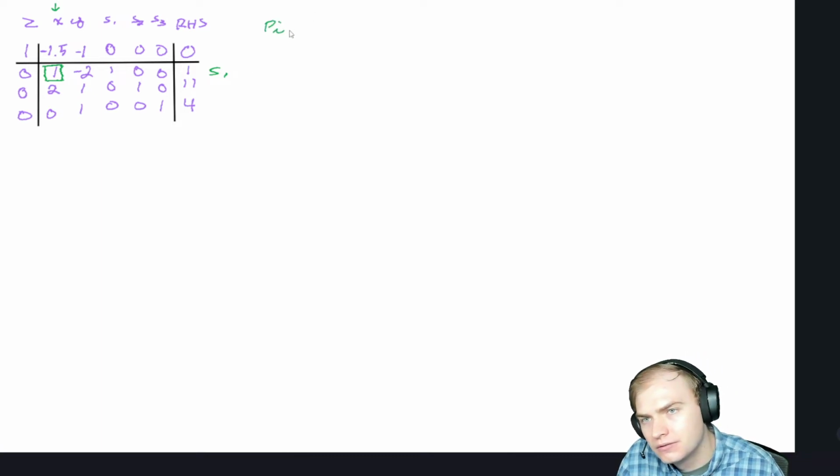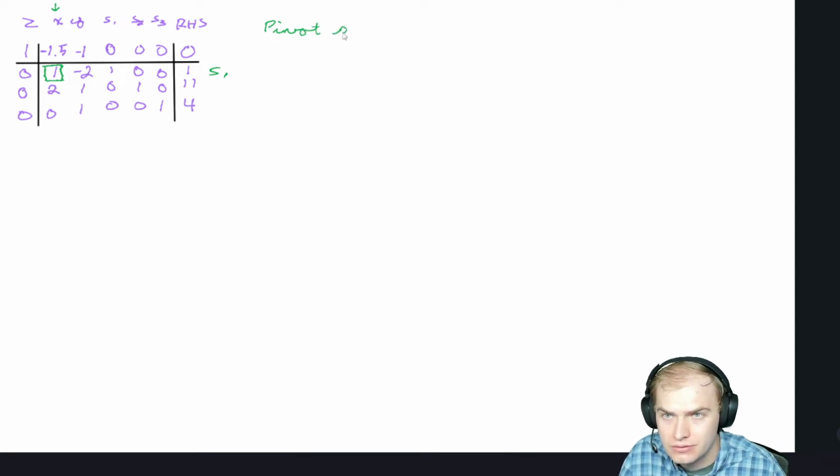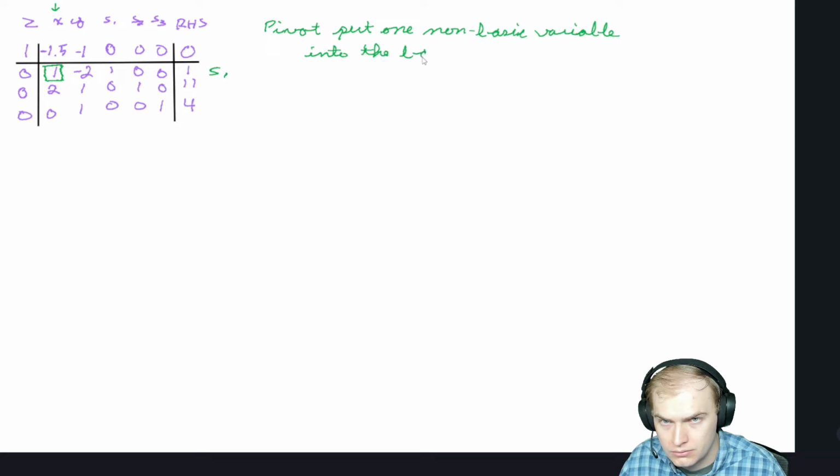So a pivot is to put one non-basic variable into the basis and take one basic variable out.